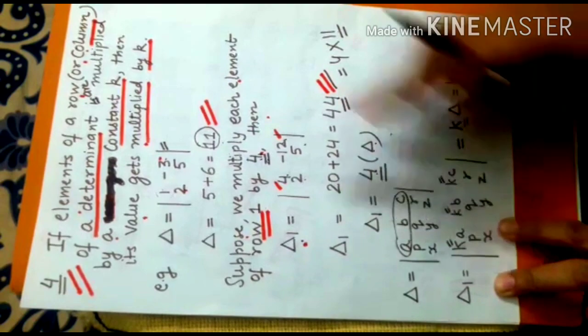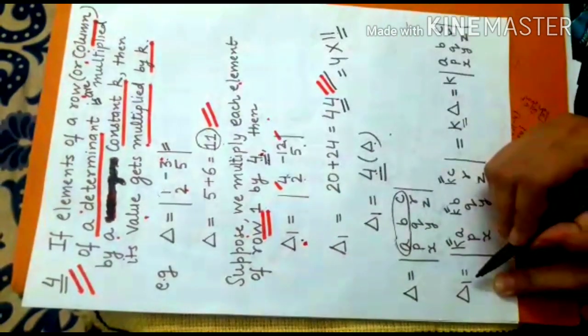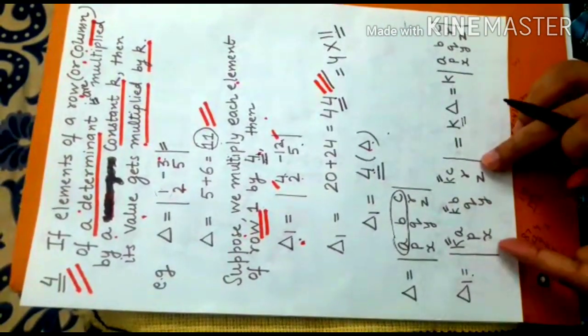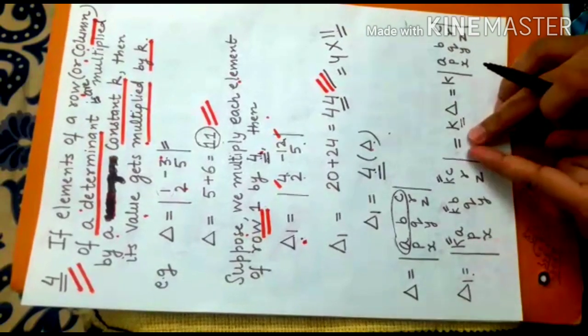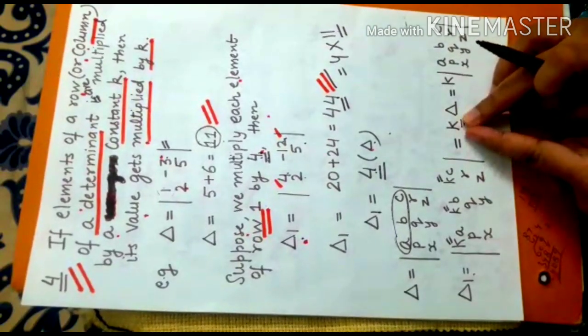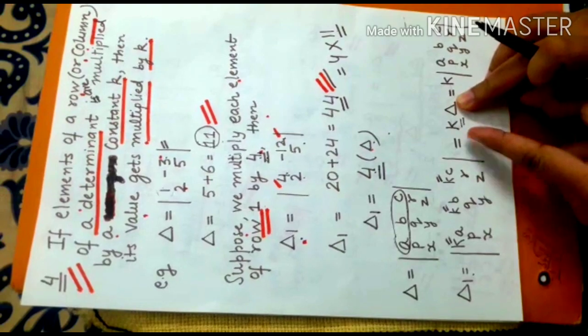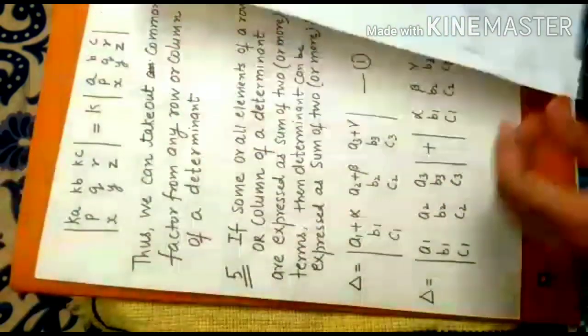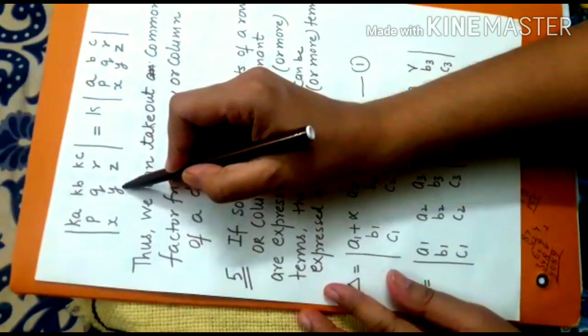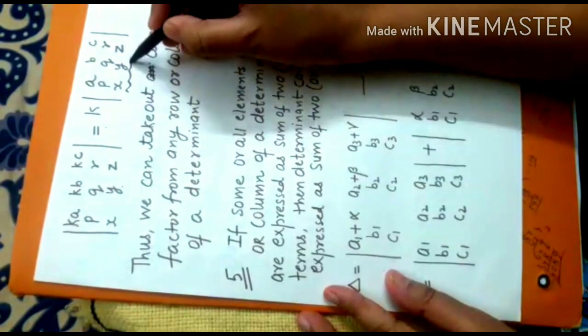According to this fourth property, delta 1, that means this determinant, is equal to k times the original determinant.